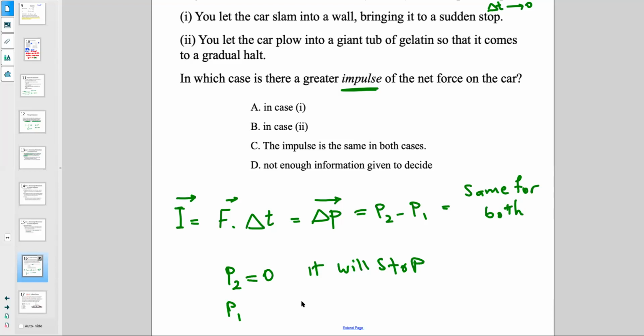So the impulse is the same in both cases, but one is in a very short period of time, very, very small. So the force felt by those dummies in the car would be very high. In the second case scenario, we have a much longer time, but the force will be less. The impulse would be the same no matter what.